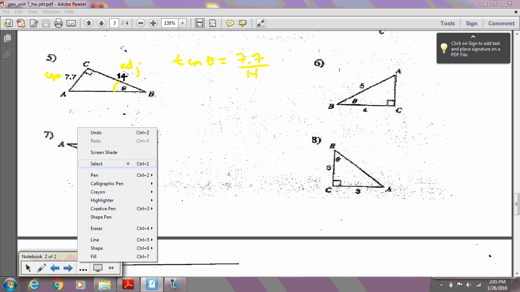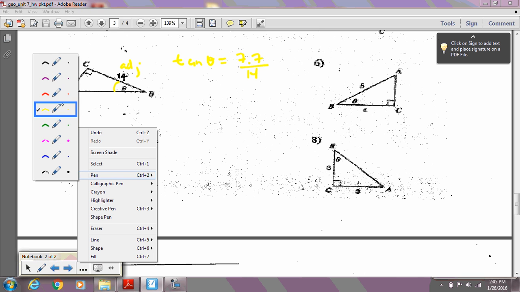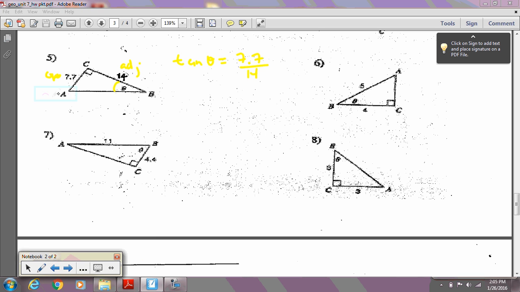And now I apply the tan inverse to both sides to get theta isolated. So theta is going to equal tan inverse of 7.7 divided by 14, and type it in your calculator, and you get roughly 28.8 degrees.